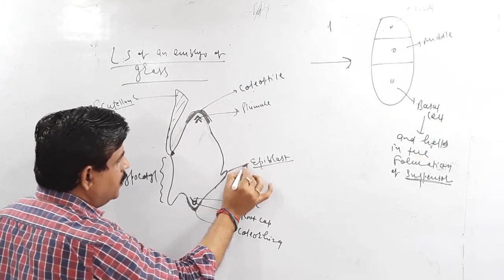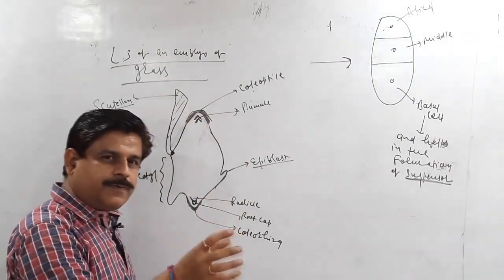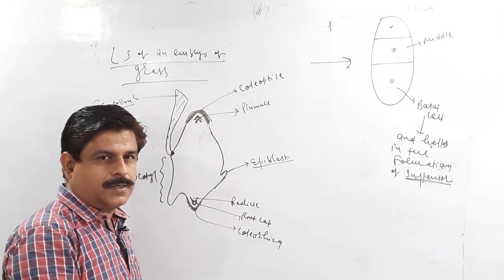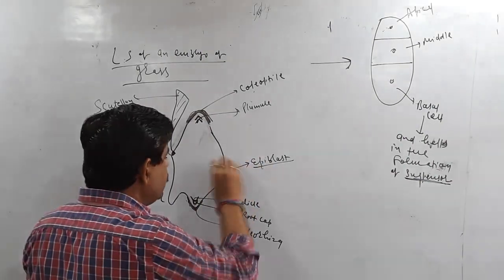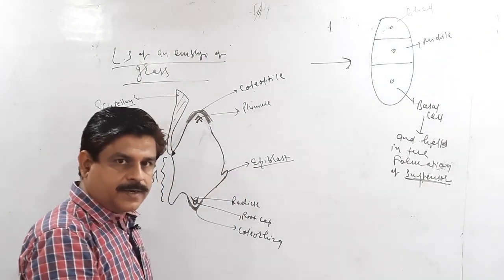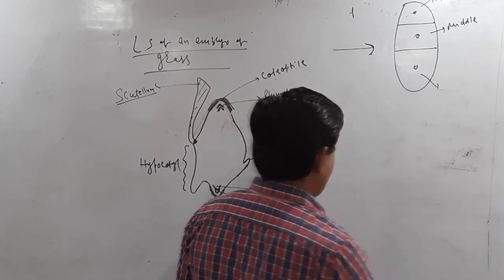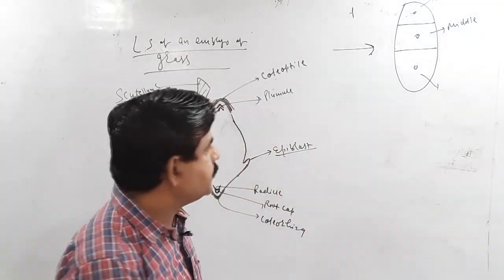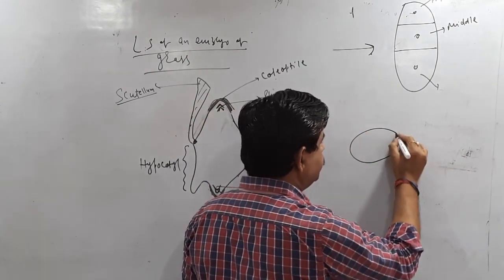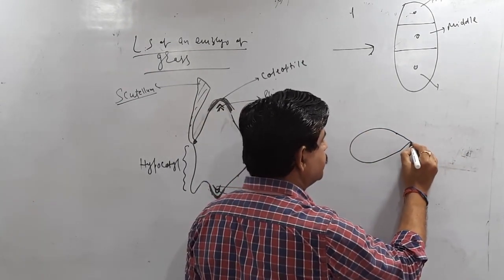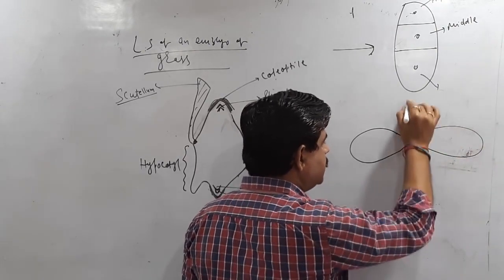This structure is called epiblast. This structure has the evolutionary significance that monocot comes from the dicot. This is rudimentary cotyledon, remnant of the cotyledon. In dicot embryo, there are two cotyledons. This is the embryonal axis.